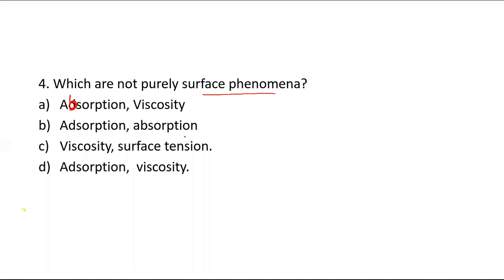Okay, yes, D, no, let me check. Surface phenomenon. See, absorption is not a surface phenomenon. This is a bulk phenomenon. Viscosity is not a surface phenomenon. This is related to intermolecular force. Adsorption is a surface phenomenon.